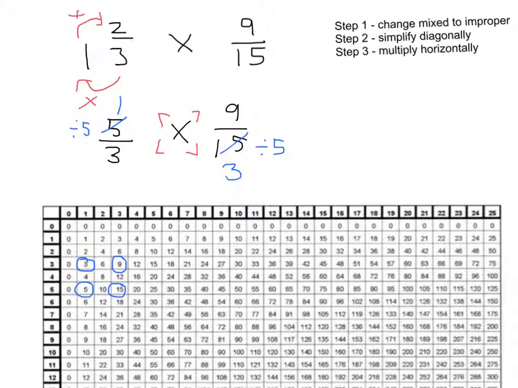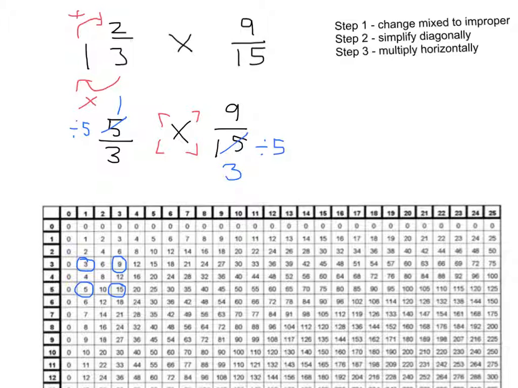Okay, so we have the denominator and the numerator in the same row, which in this case is the multiples of 3. So now we know definitely that the number 3 goes into the number 3 equally and the number 9 equally, because 3, as it's showing you here, 3 divided by 3 is 1.